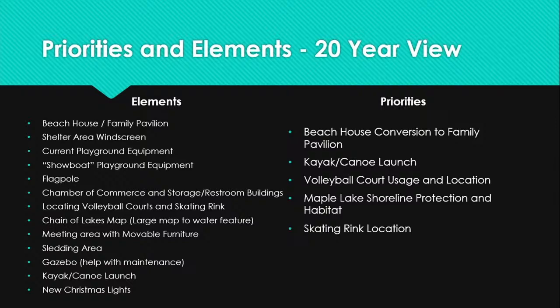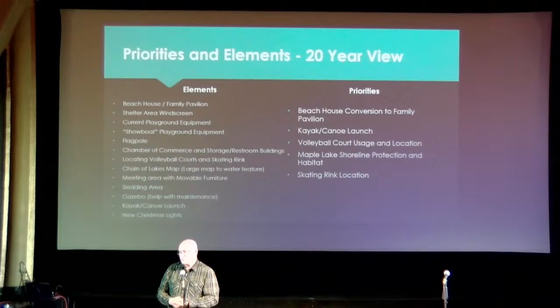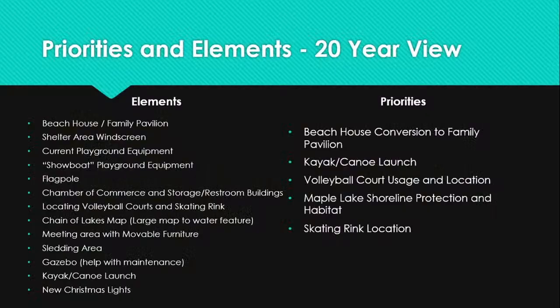So for now, priorities have centered around the beach house conversion to a family pavilion. That's something that's been talked about for some time, and I think we have some funds that we can help get that moving, and that's the first thing to talk to the Park Commission about.